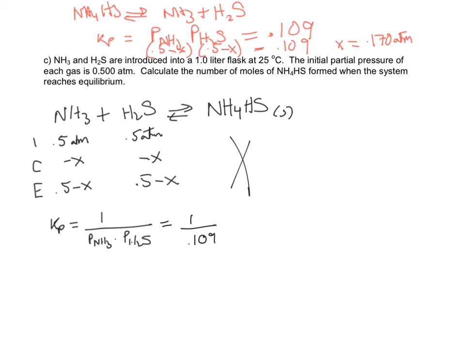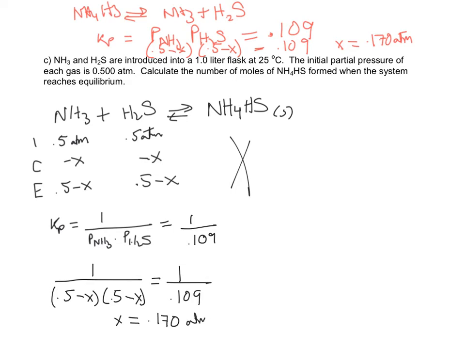So you can say that 1 over 0.5 minus x times 0.5 minus x equals 1 over 0.109. In that case, x will also be 0.170 ATM. Hopefully I didn't lose anybody there. There are two different ways that you could think about it. Both will get you the same answer. Whichever you prefer, go with that.